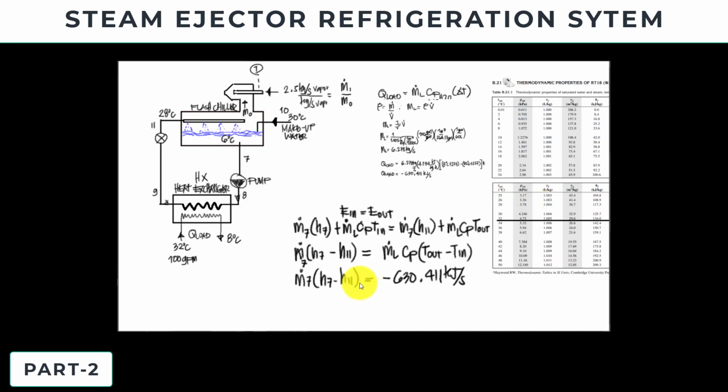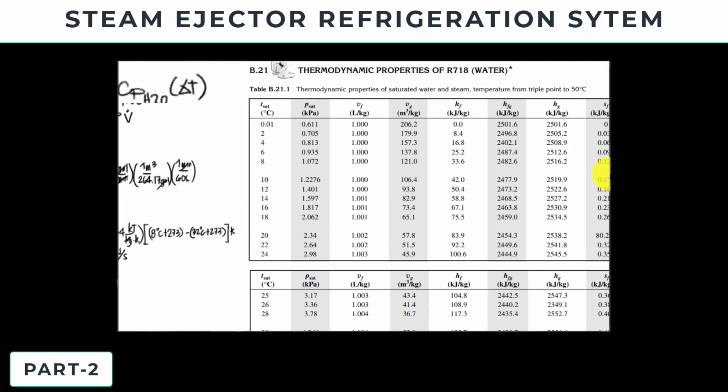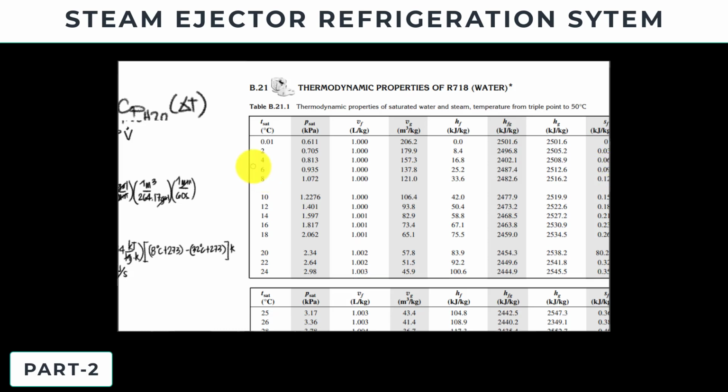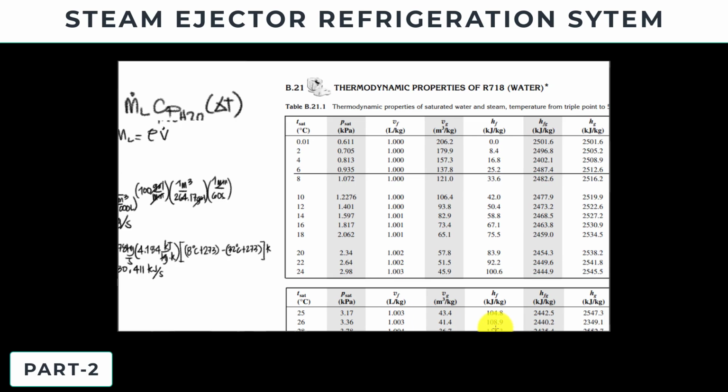Now, for the values of enthalpy 7, let's look at the table, the saturation table. That will be 6 degrees, and at 6 degrees we have the property enthalpy HF, so it must be in the liquid state.